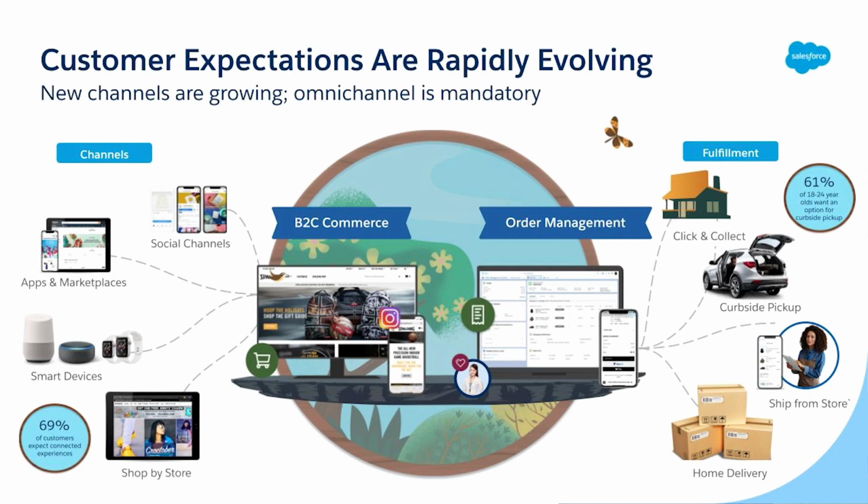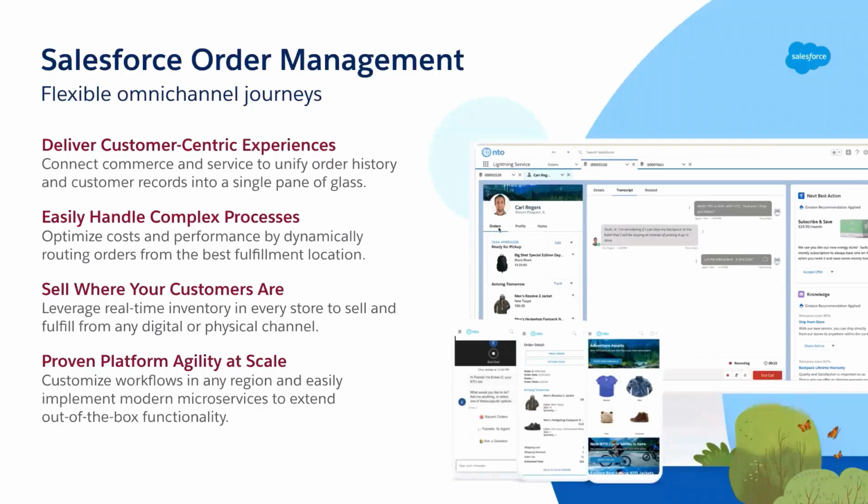And that's where Salesforce Order Management comes in to make this process simpler. It creates a unified view of order history, case history, and other records related to your customers to deliver seamless experiences from commerce to service and beyond. Order management also allows you to easily handle complex processes with our pre-built, easy-to-manage workflows that are readily accessible in the user interface.